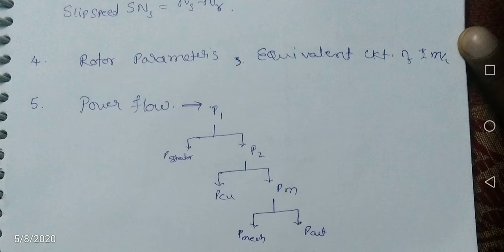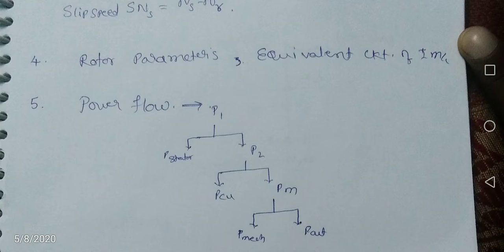In rotor, there is no iron losses, and after that the power is sent to the shaft. So the gross mechanical power developed by the rotor is PM. The PM is rotor output and PM is input of shaft.